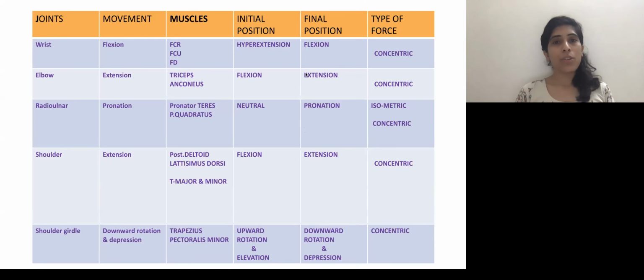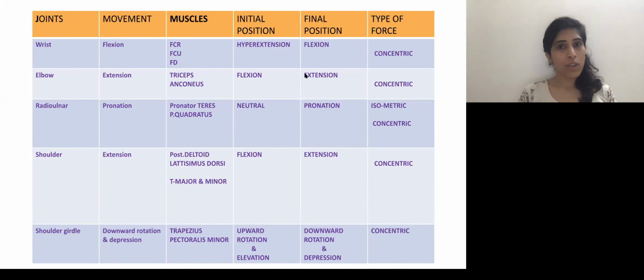Then coming to the shoulder, as we all know, the last movement will be extension, and we even require the internal and external rotator muscles to work. So here the muscles that work are the deltoid, posterior deltoid, latissimus dorsi, teres major, teres minor.